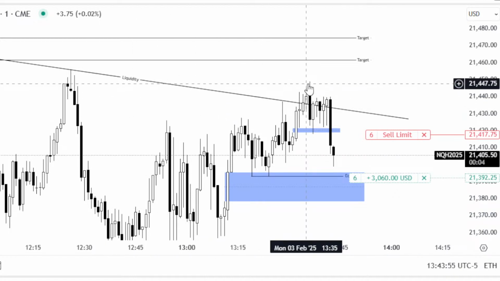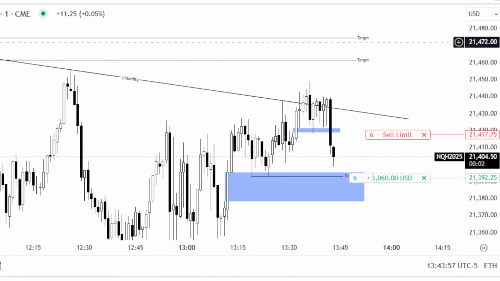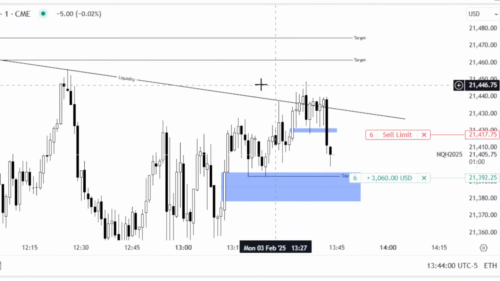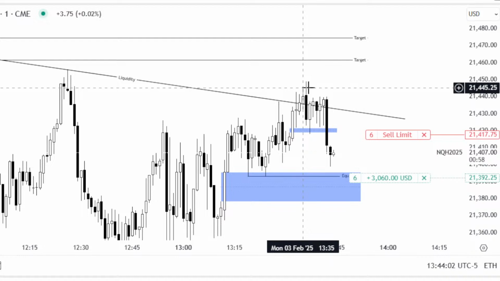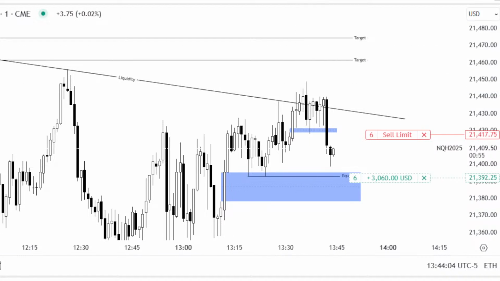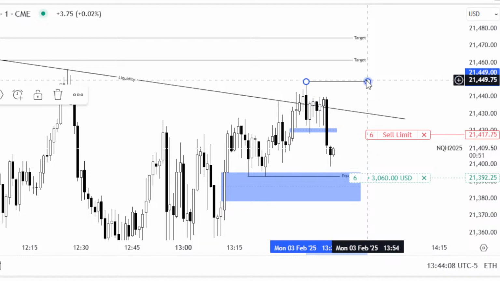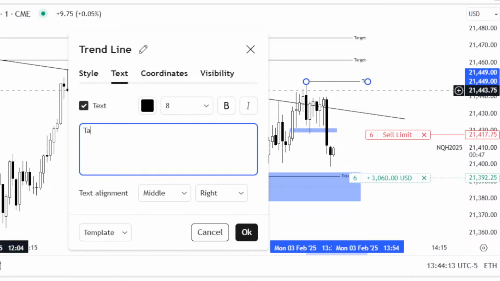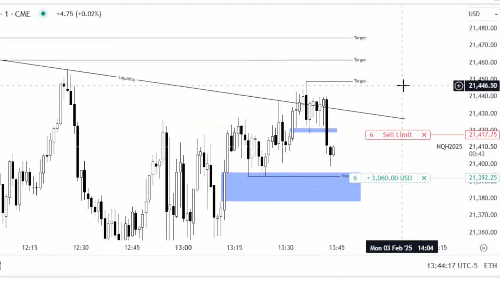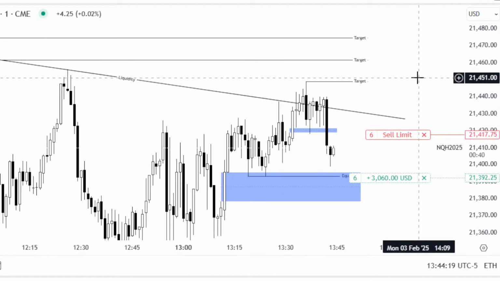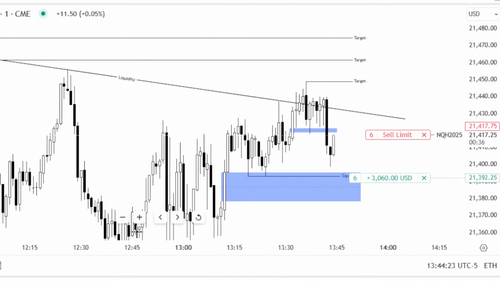See how this high did not take out this high, so this is still a trend line with liquidity. This is all liquidity. Okay, so there it picks us up.